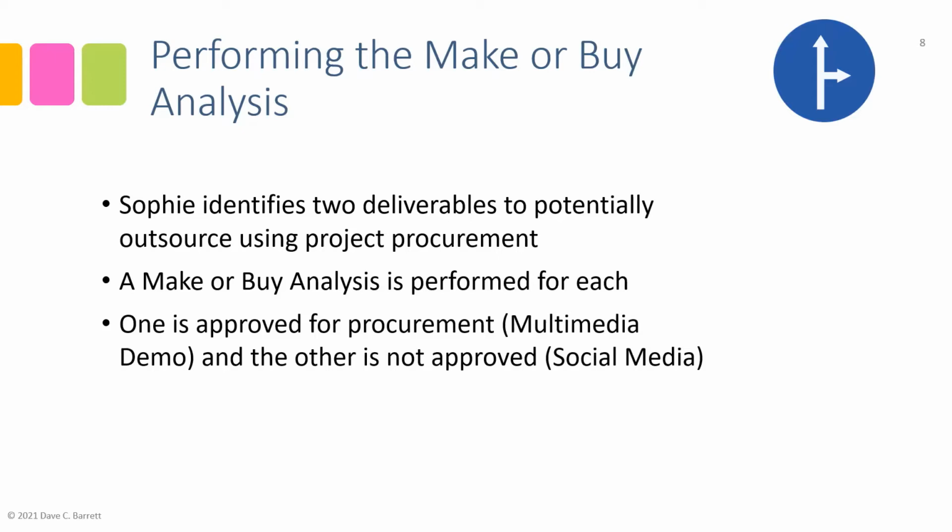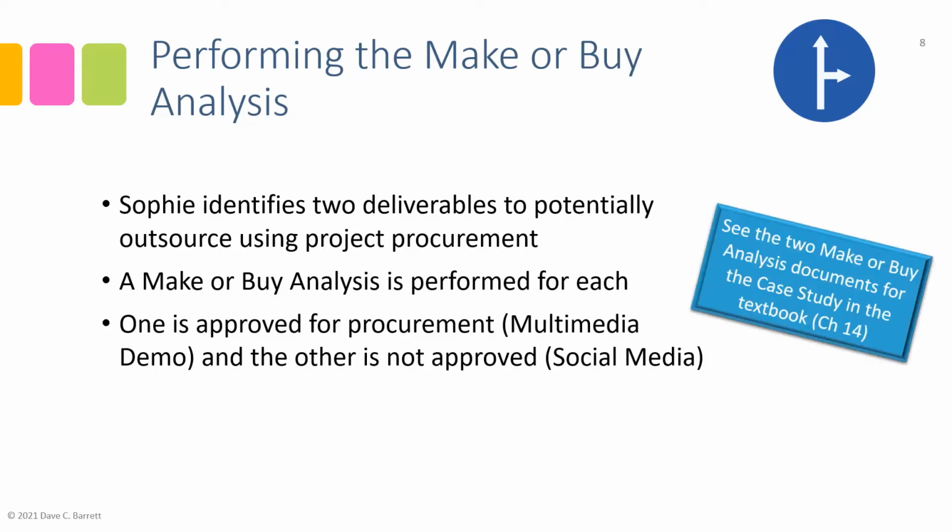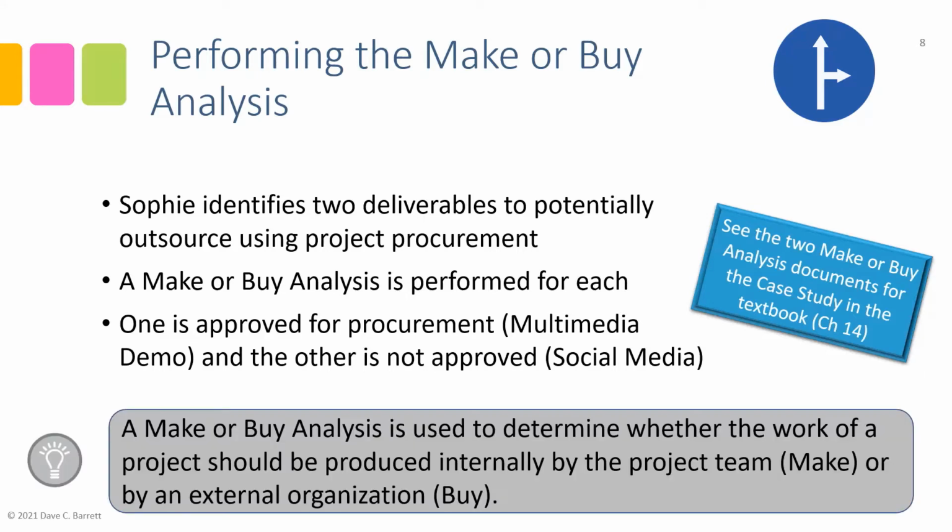And so they came up with two different solutions in this case. You can see the two make or buy analysis documents for the case study in the textbook, chapter 14. So key idea, a make or buy analysis is used to determine whether the work of a project should be produced internally by the project team, make, or by an external organization, buy.